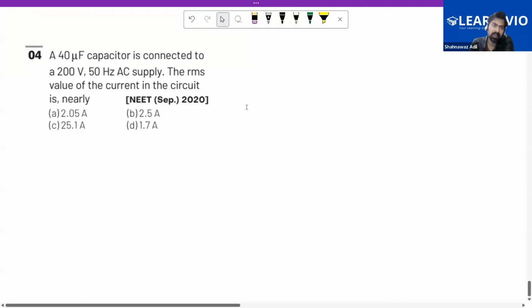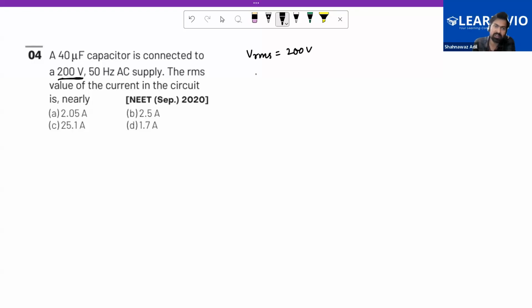Okay, so we know what is this value given? Always remember in AC circuit, they will always give you the value of the RMS voltage. So VRMS is 200 volt. 50 hertz is the frequency.